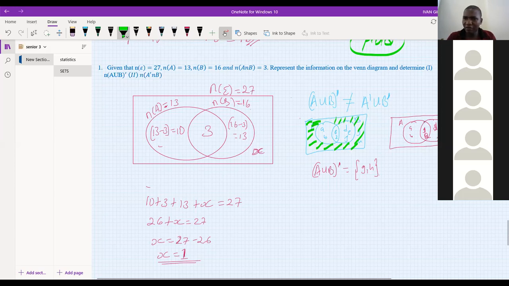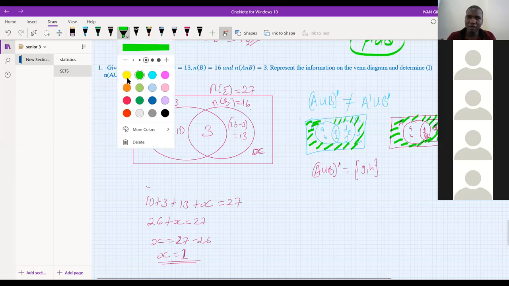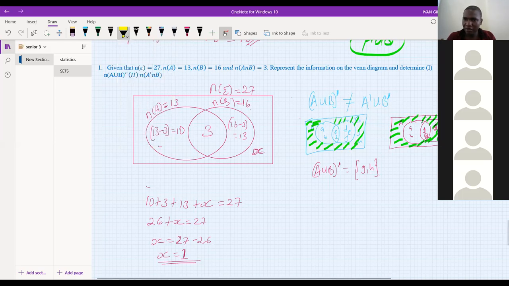Which one's my region A complement? I'm shading outside A. This is my region A complement. Like that. That is A complement. Which region is B complement? Let me choose yellow, yes, yellow will work. My region B complement, I shade outside B. So if this is my B, this will be outside A. This will be outside B. All of this is outside B, like that.